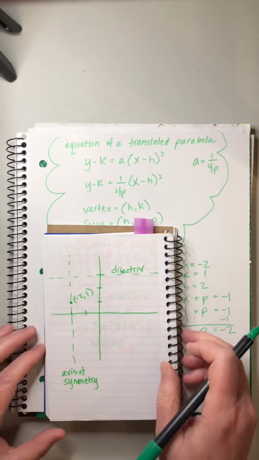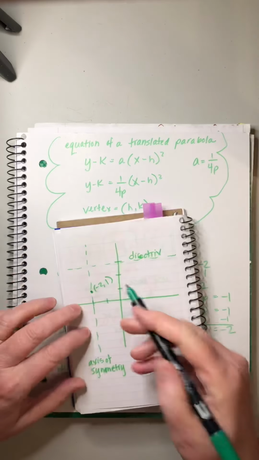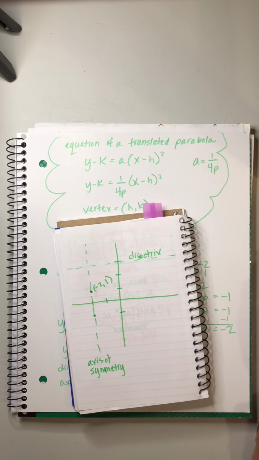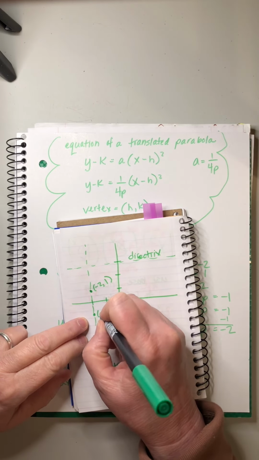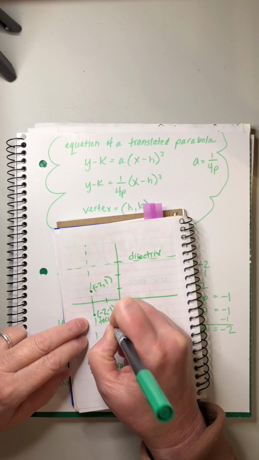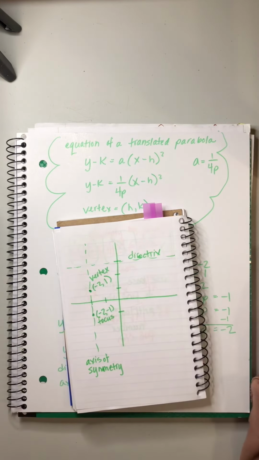All right, and then let's put in the focus. The focus is (-2, -1). So that's going to be right there. This is the focus. This is the vertex. All right, is there anything else we need?